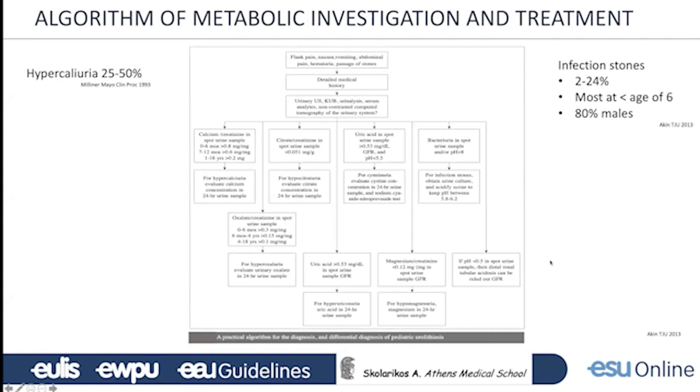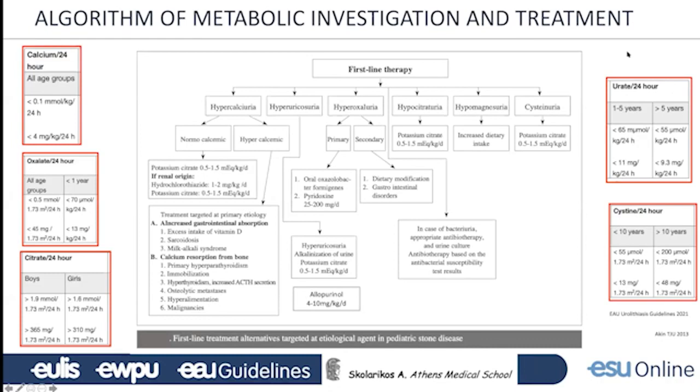So if this is abnormal, then we want to have the first-line therapy, depending on the results of the 24-hour urine collection. If it is hypercalciuria, which is defined as more than 4 milligrams per kilogram per 24 hours in children, and the child is hypercalcemic, then you have to exclude increased gastrointestinal absorption and increased calcium resorption from bone conditions.